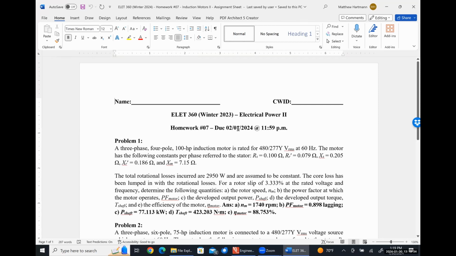All right. So I'm just looking at these numbers really quick. 0.1 times 7.15 over 0.205 plus 7.15, square that term, 0.0945 plus 0.079, 0.173.